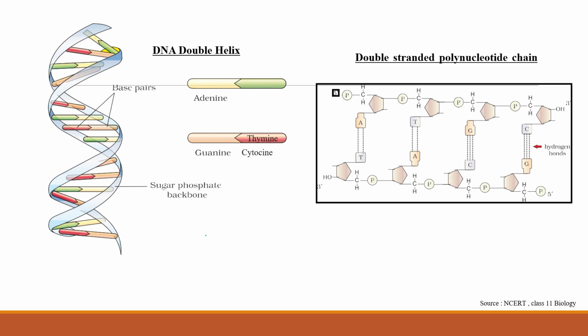Right? Now this is the double helical structure of DNA. As you can see, this sky blue part is the sugar phosphate backbone. If you look at this sugar phosphate backbone, you can see over here, this one is sugar, deoxyribose, phosphate, this sugar, phosphate, sugar, phosphate, sugar, phosphate.